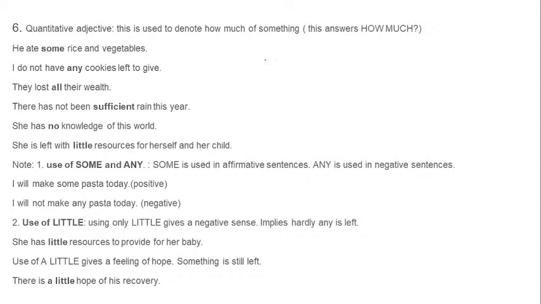That will be quantitative adjective. As the name suggests, it is related to quantity, and that is why it will answer how much of something. It will indicate how much of something. It will emphasize or tell you more about how much of the noun.